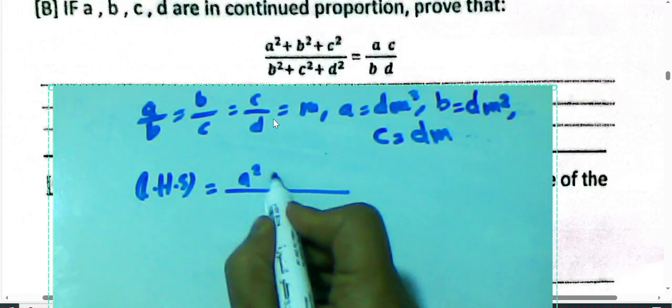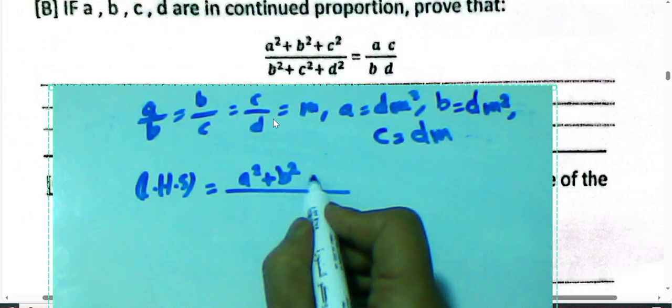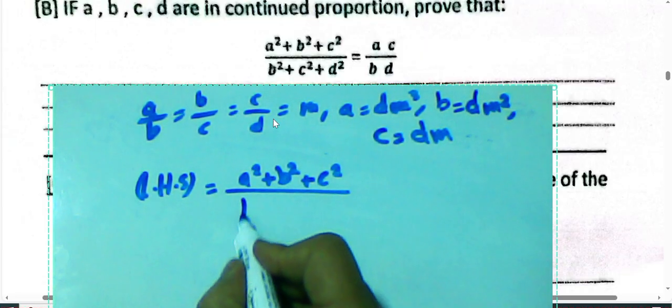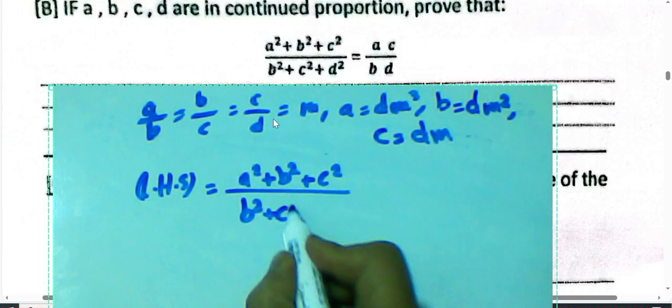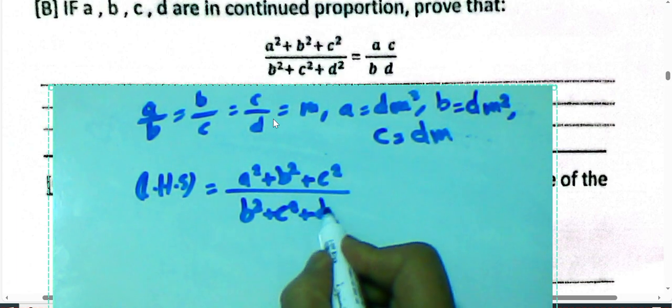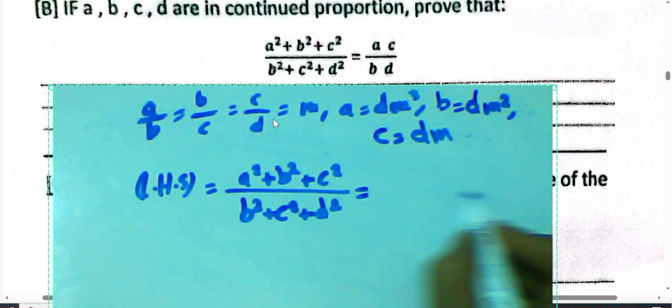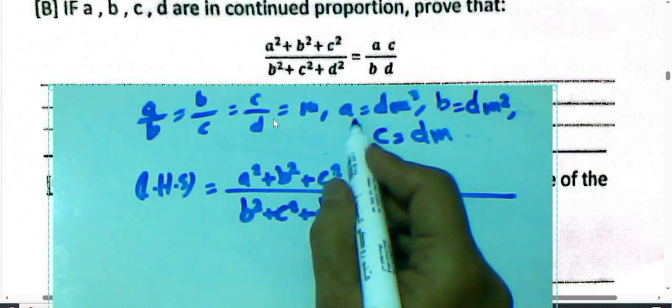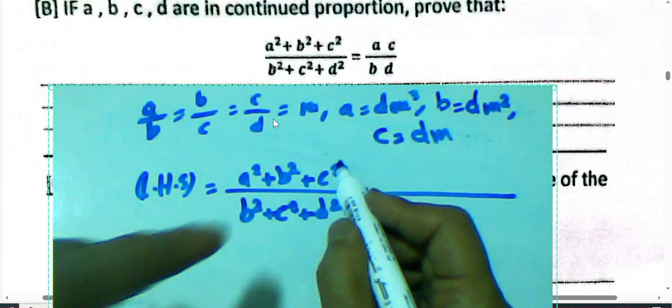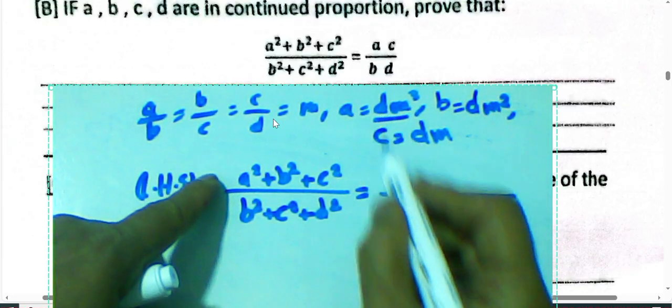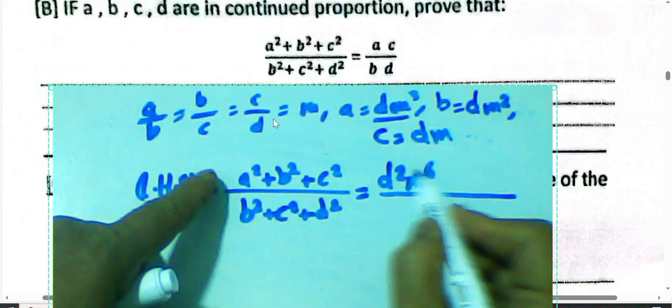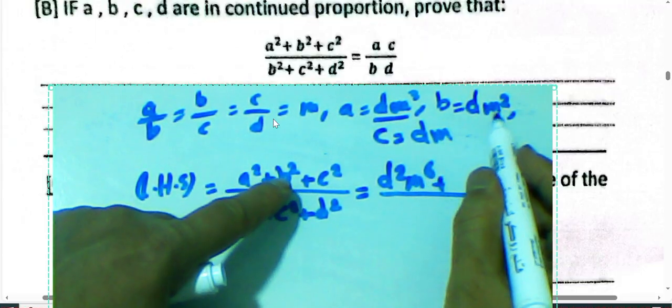A power 2 plus B power 2 plus C power 2 over B power 2 plus C power 2 plus D power 2. A power 2, A equal DM power 3. Then we can power this term here. It will be D power 2 M power 6. And then B power 2, B here DM power 2.